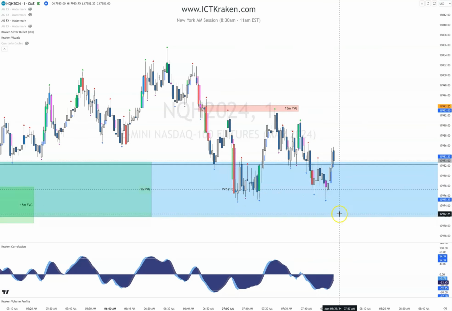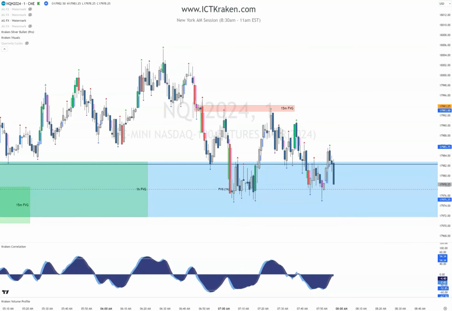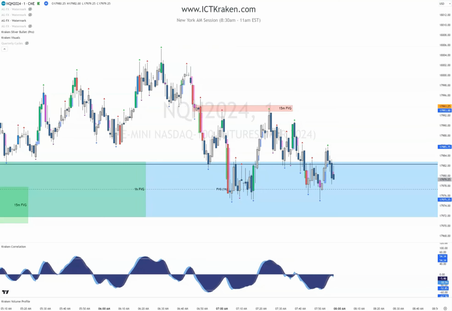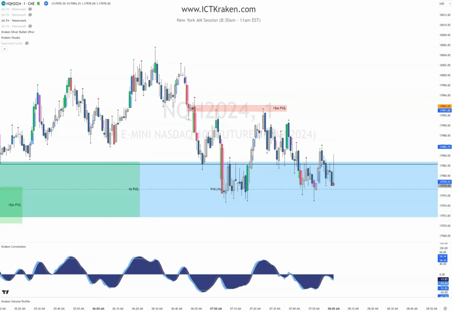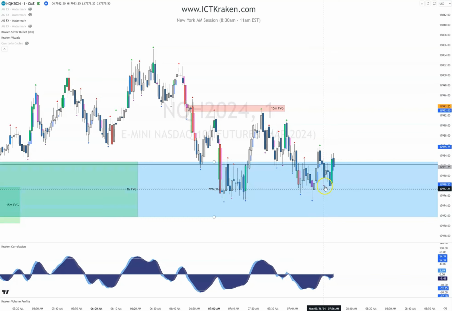Ideally, I want to see these swept, and I want to see it fill in this 1-hour fair value gap, okay? That's what I'm looking for. I'm hoping that happens, because otherwise I'm taking a trade up here without that, and I know that's liquidity just resting there. I'd rather that be swept versus leave it there. So sweep that liquidity, and then I'd be thrilled. So it's a green vector candle, a lot of volume in that candle.